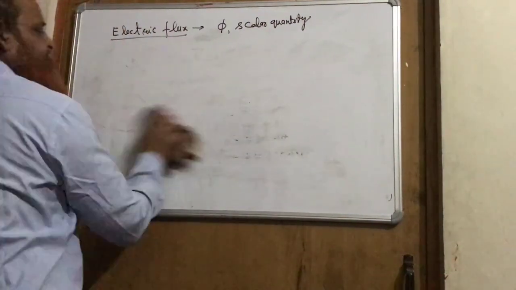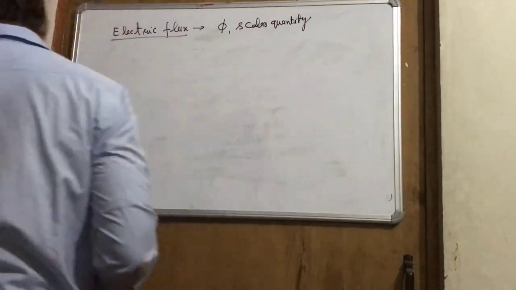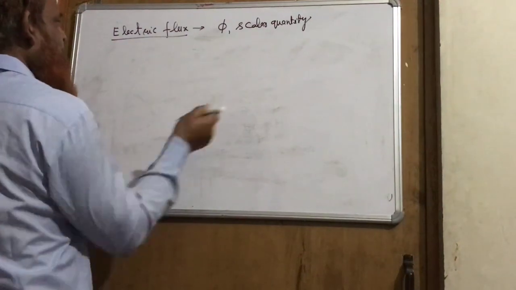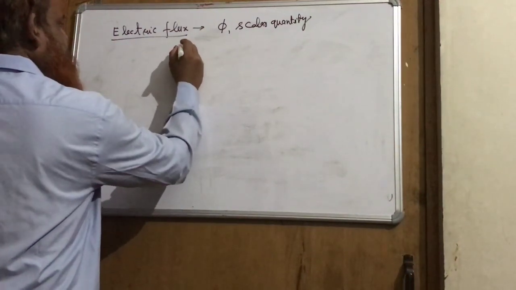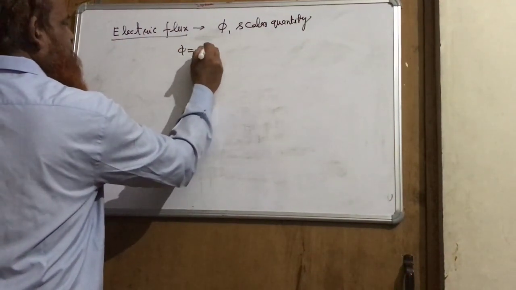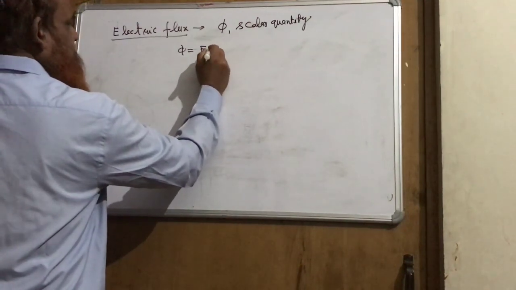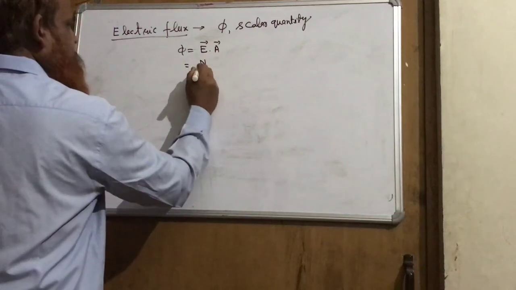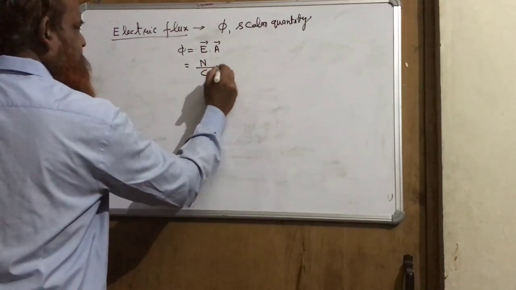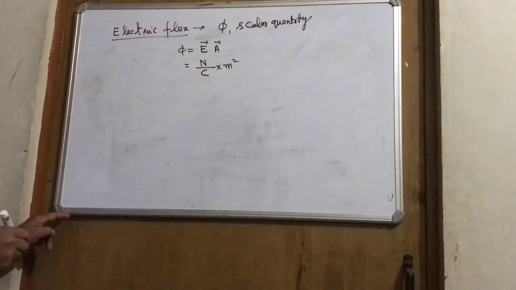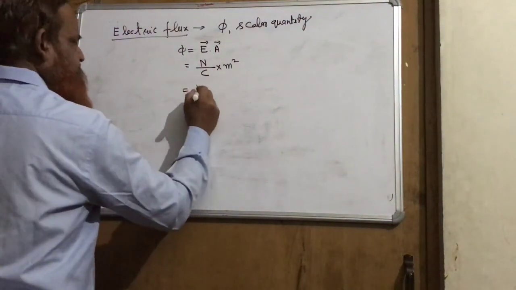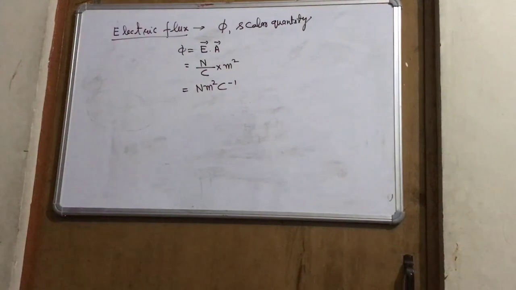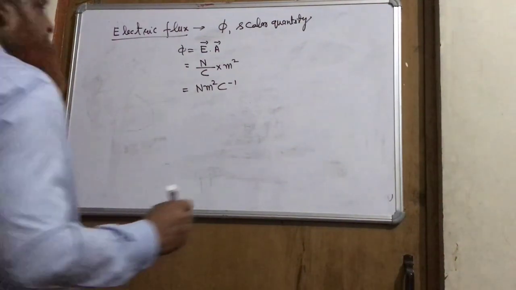The unit of electric flux: we know that electric flux is equal to E into area. So unit of E is Newton per Coulomb and unit of area is meter square. So it is Newton meter square Coulomb inverse.